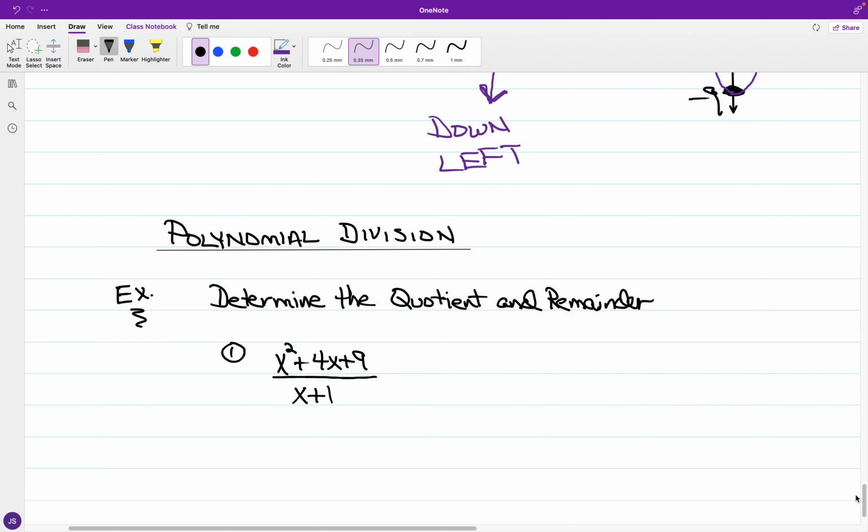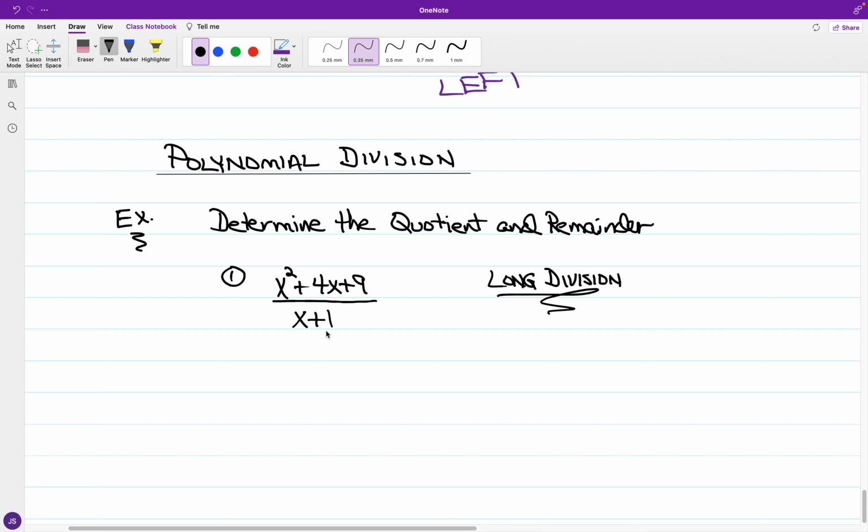And for the setup, if we go with the long division route, you're looking at taking x plus 1 into x squared plus 4x plus 9.